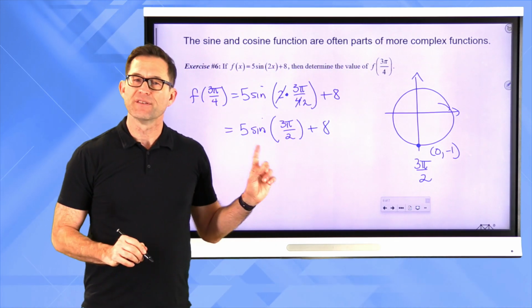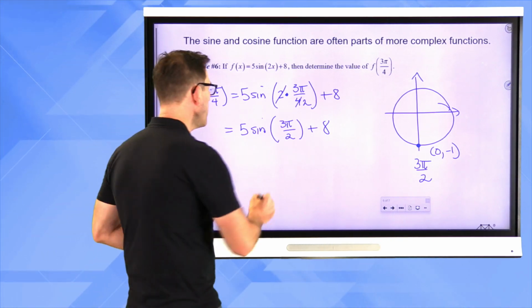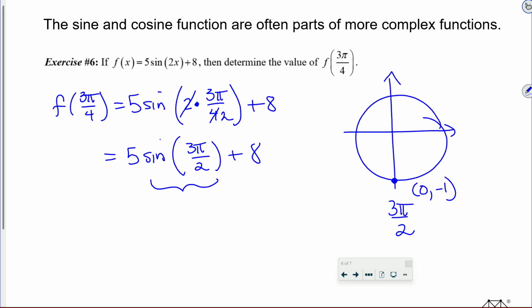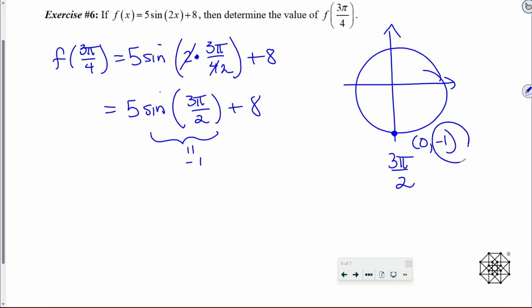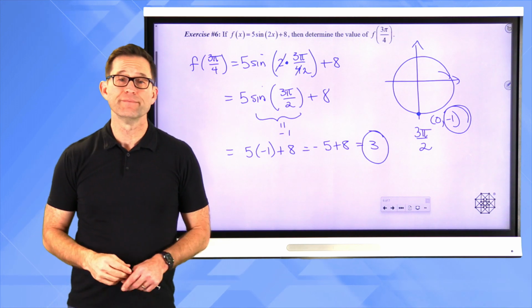The sine is the y value, so the sine of 3 pi over 2 is equal to -1. So this is all 5 times -1 plus 8, which is -5 plus 8, which is equal to 3. And there we have it.